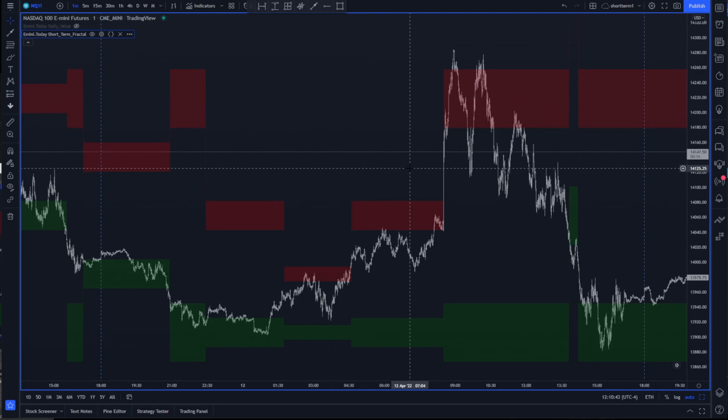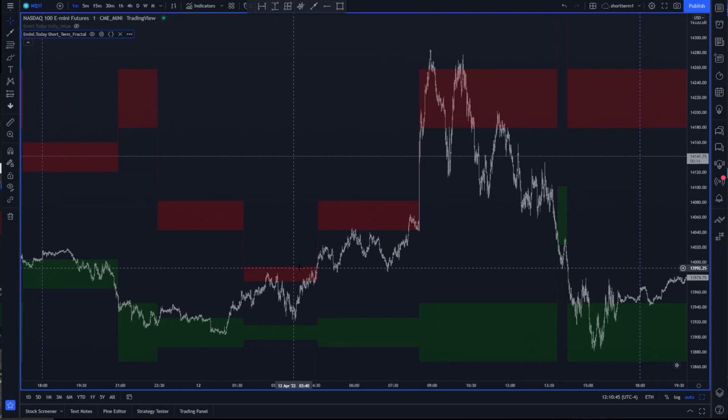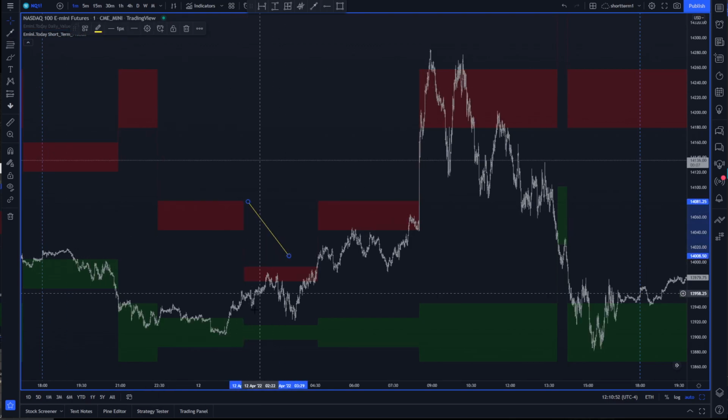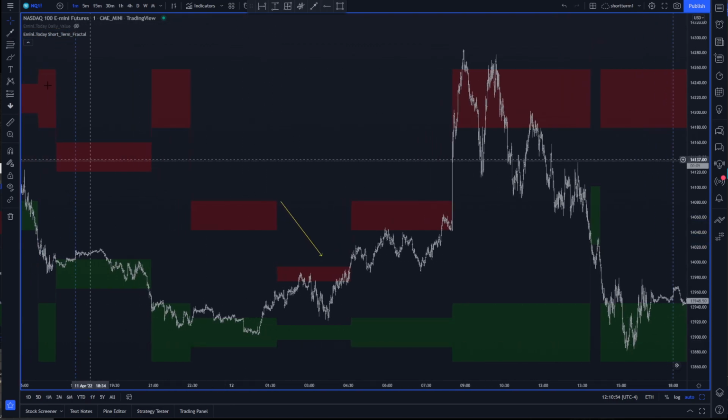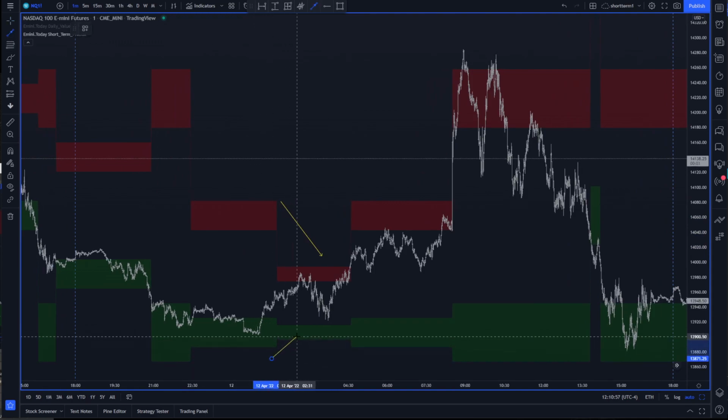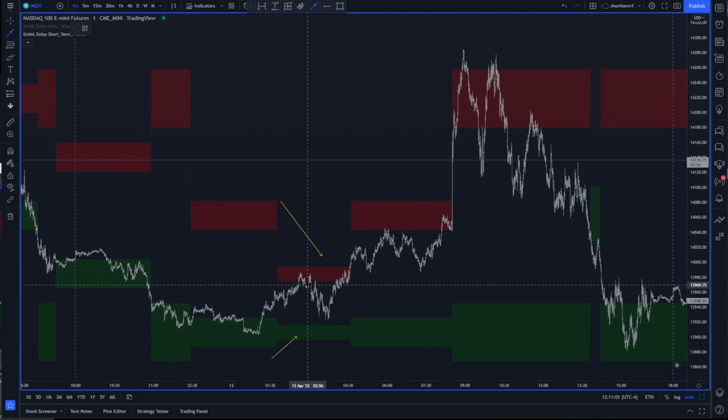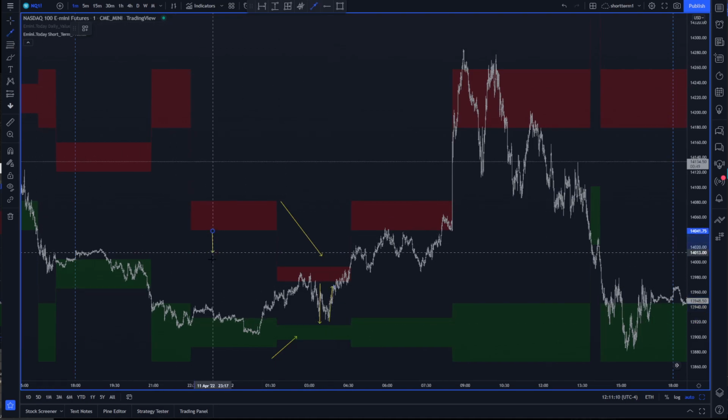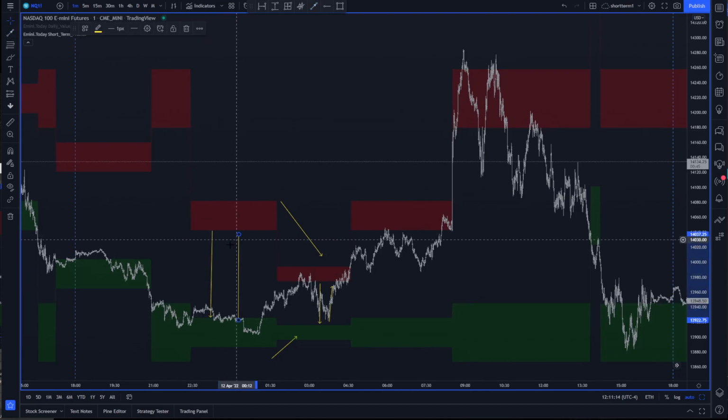But if you notice here, some fractals are getting smaller. The range between these two boxes, these two zones, got smaller than the one which was previously printed here.